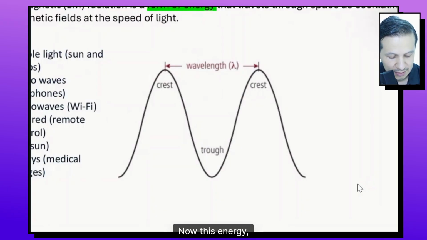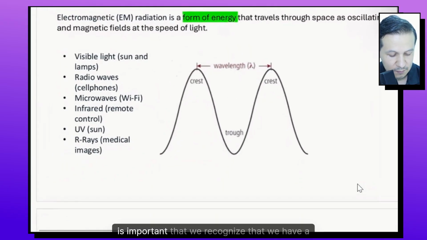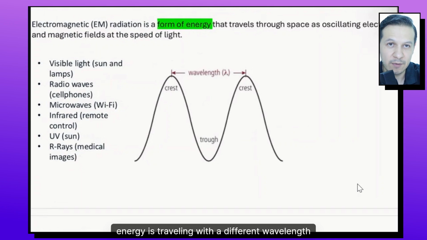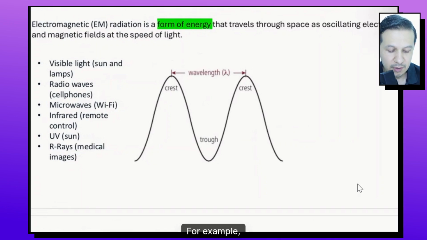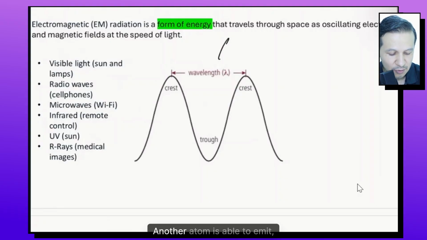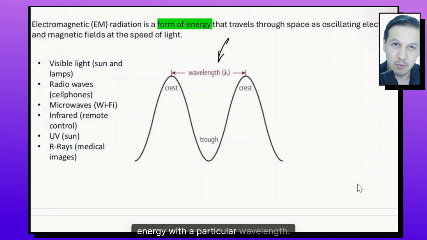Now, it's important that we recognize that we have different wavelengths. Certain energy is traveling with a different wavelength than another energy. For example, one atom is able to emit energy with a particular wavelength, and another atom is able to emit energy with a different particular wavelength.